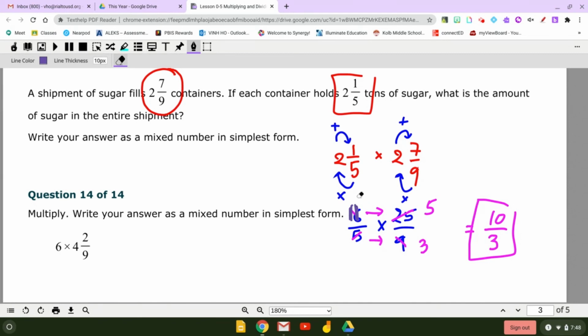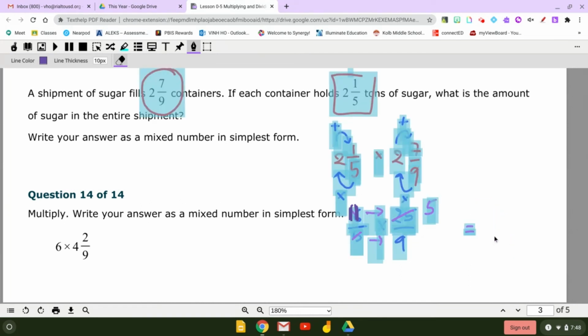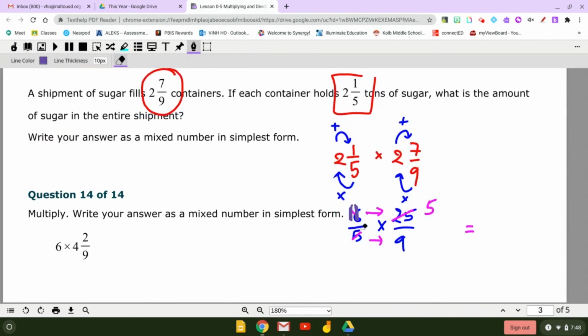We no longer reduce 9 and 6 because right now it's 11. I'm so sorry about that. So here we go. We just have 11 times 5, 11 times 5 is 55 over 9. And that will be 6 whole and 1/9.